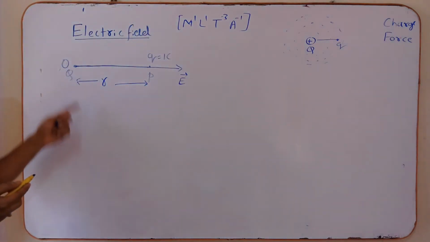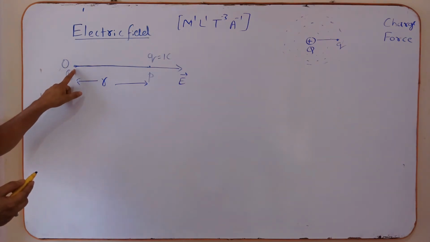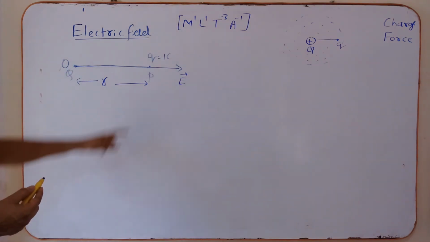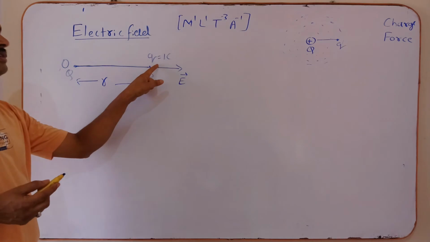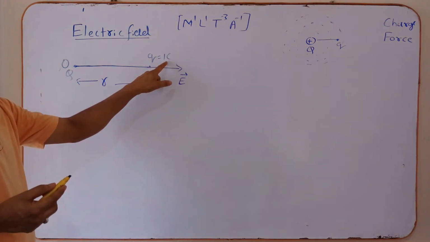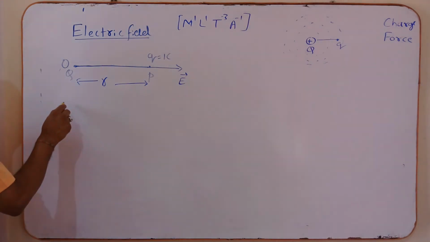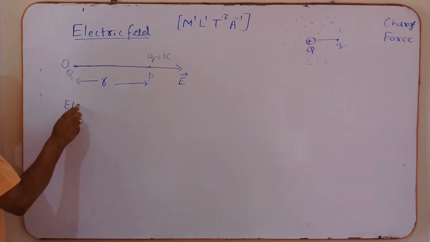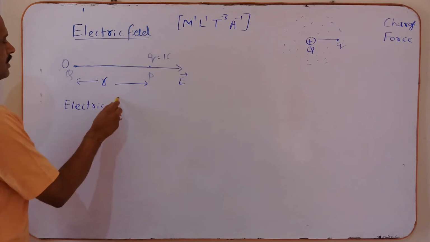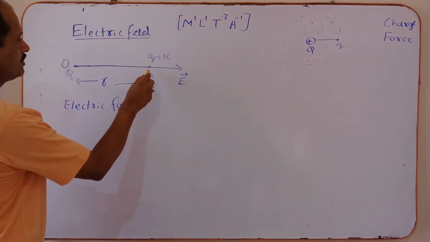Now come to the point here. This is the charge Q placed in the air medium. P is the point, and q is the test charge. Suppose a unit positive charge is placed at this point. What happens? The electric force acts on it.